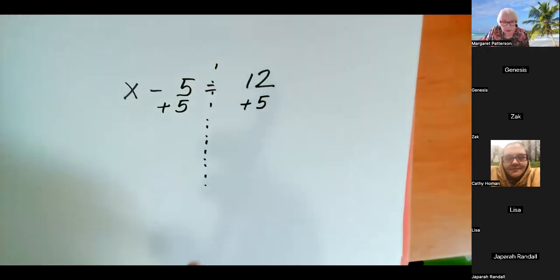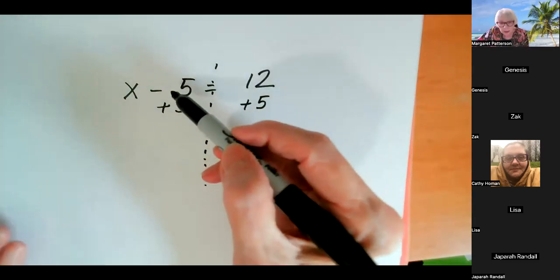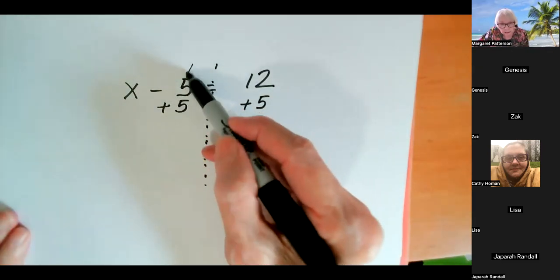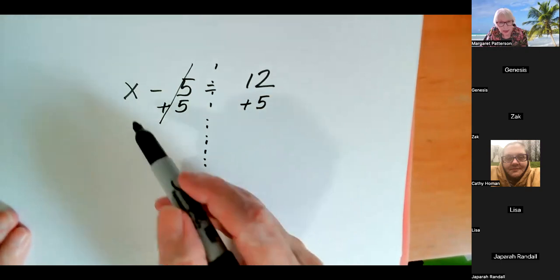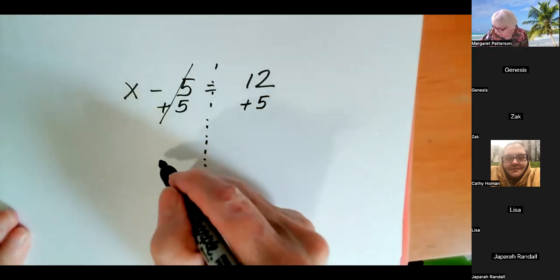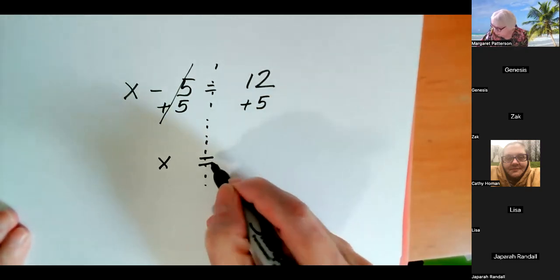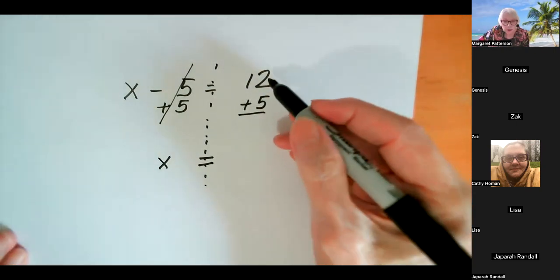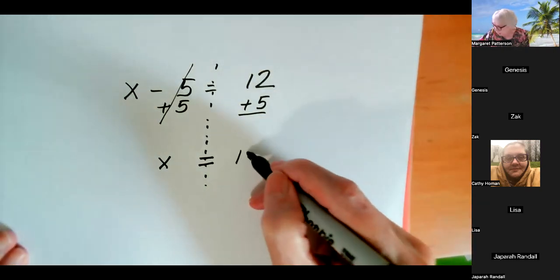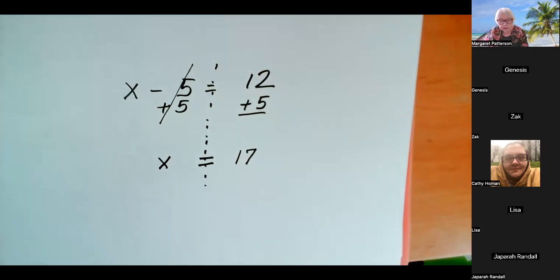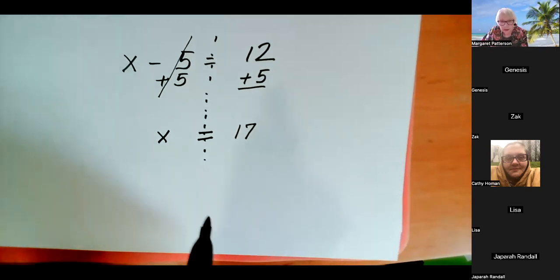See how the two sides? People are actually taught to put dotted lines here so you can see the two sides. You don't have to put dotted lines. But subtracting and adding 5 go to 0. And so what is left is the X equals. And the answer appears over here, and this is 17. If you get it right, then it will check.